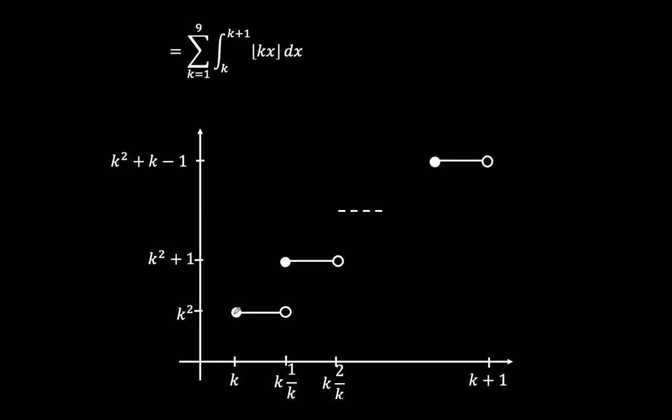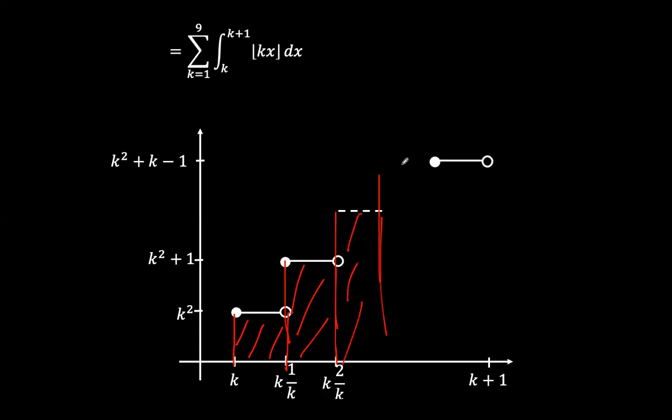So we have this rectangle here, which has the height k squared and the width 1 over k. And then we have this other rectangle, with the height k squared plus 1, but the width still remains 1 over k. And then we keep doing that.